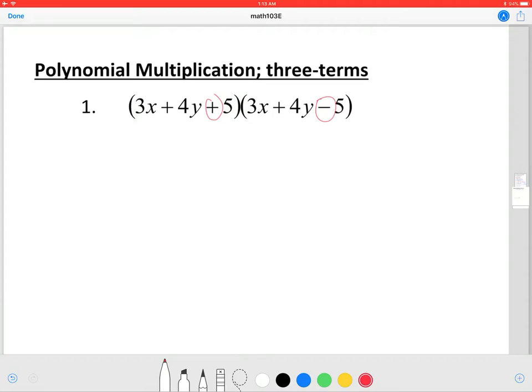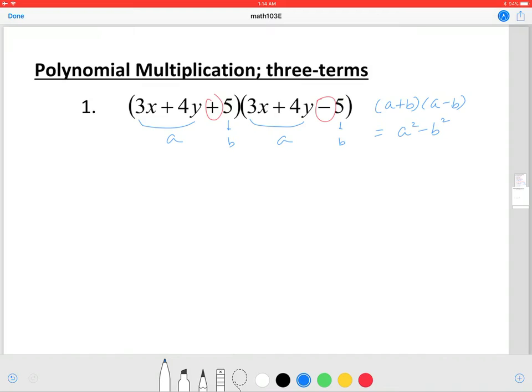And what I'm going to do is designate this as A, and 5 as B. When I do that, this turns out to be A plus B times A minus B, and we all know that the formula for this is A squared minus B squared.